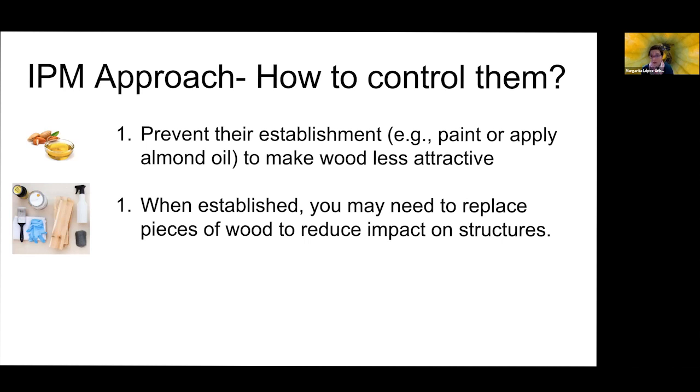However, if they become established, then the next step would be to replace the piece of wood that they are using to prevent an infestation, right? So if you control the carpenter bee nests at the very early stages of establishment, the repair may be simple. However, this may not be possible every time.